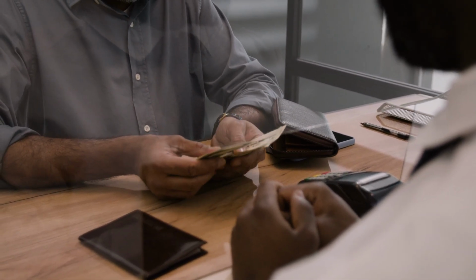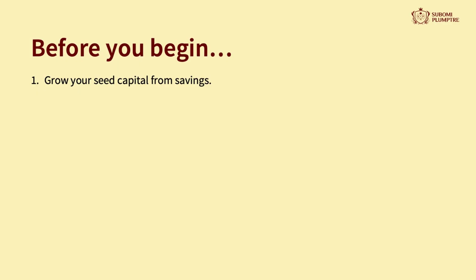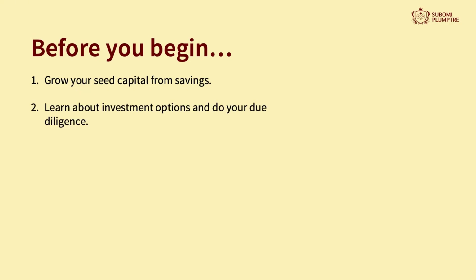If you're not yet at that stage, you need to go through the saving stage where you set aside 5%, 2%, 10% of your monthly income every month. And if you don't have any disposable income, you need to increase your earning potential, or get a better job, or start a business, whatever it is you need to do to get to the point where you have something left over every month that you can save and build seed capital from.